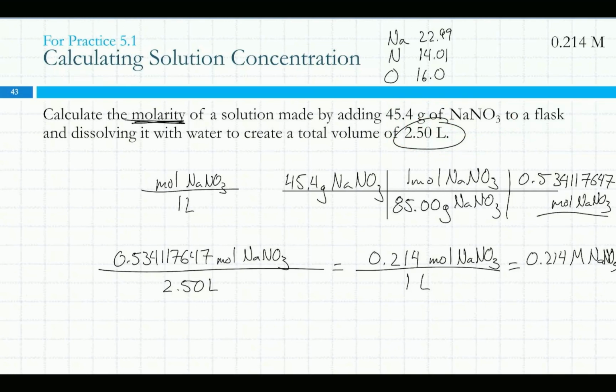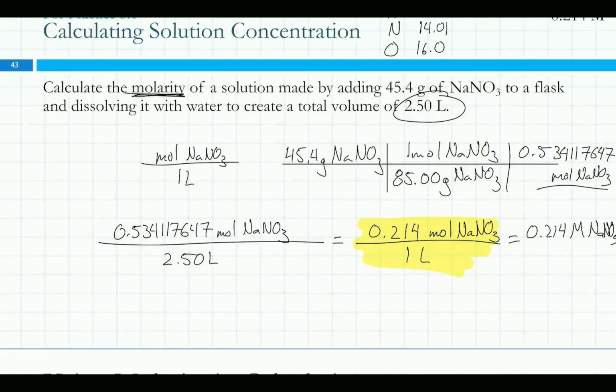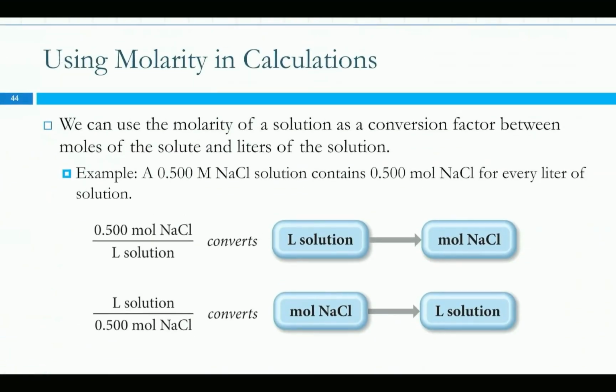Just as often, perhaps more often, we're going to be using molarity in this form where it's the 0.214 moles per 1 liter, and use that to convert between either volumes of solution, so for example, liters to moles, or we could say moles and convert it into how many liters of solution we need to have that many moles of whatever we're starting with, so NaCl in this case.